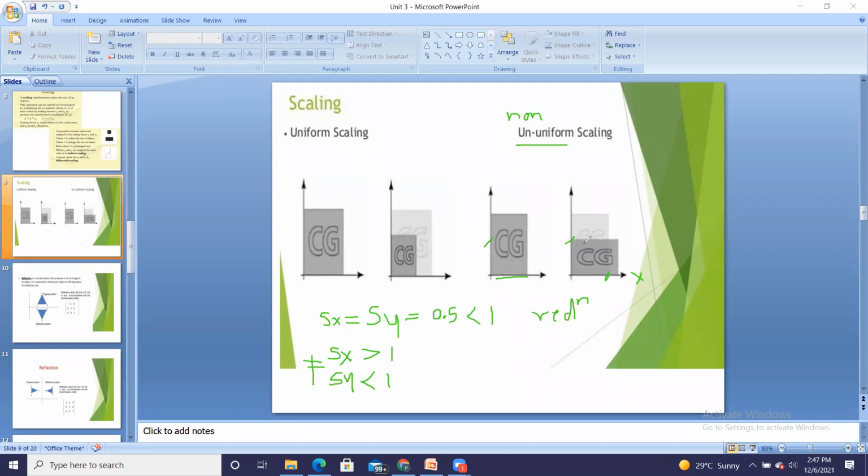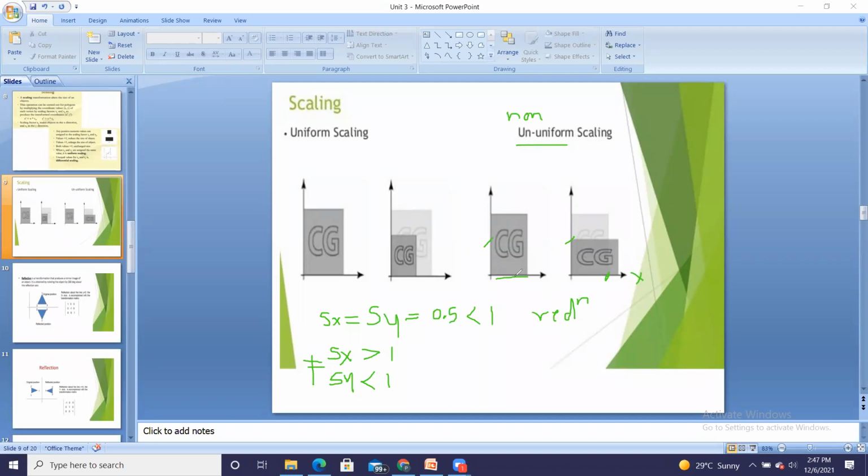But in the second example, we are getting compression along the y-axis, but along the x-axis, we are getting expansion. And that's why they should not be equal, and it is the example of non-uniform scaling. Up to this, all of you are clear? Yes, ma'am. Okay.